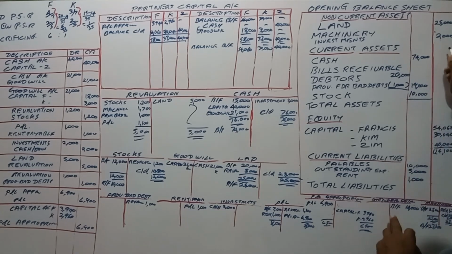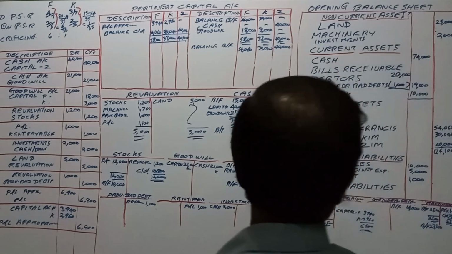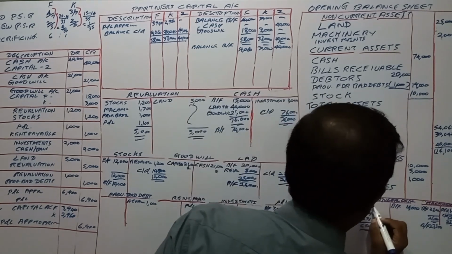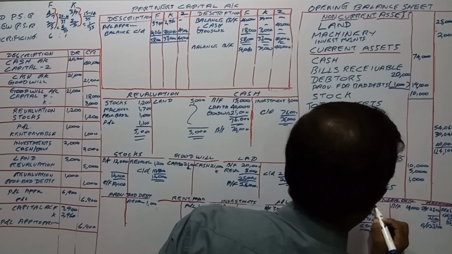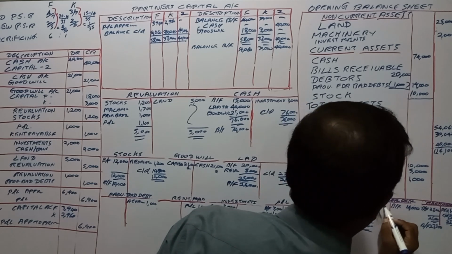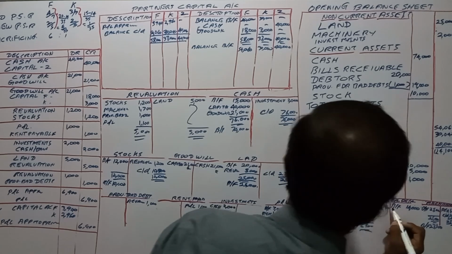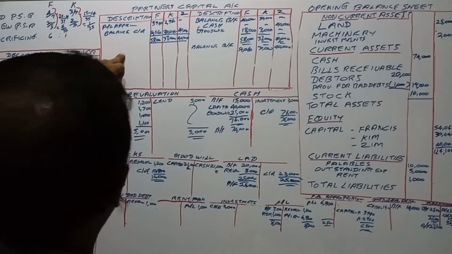This is also finished. General reserve we have to transfer. General reserve, right? Capital account 14,000, right?